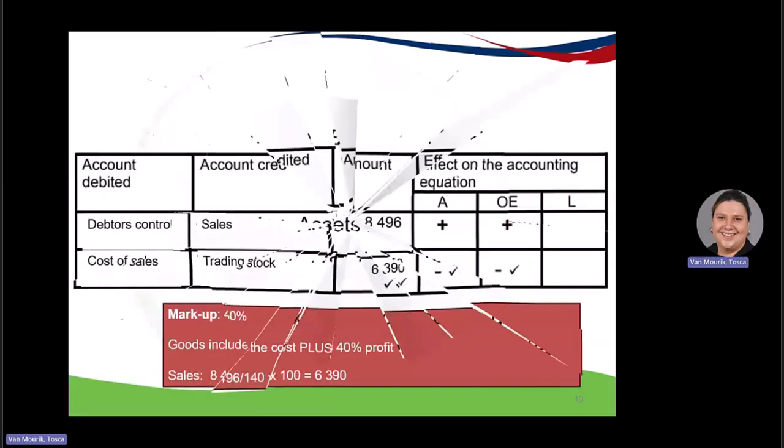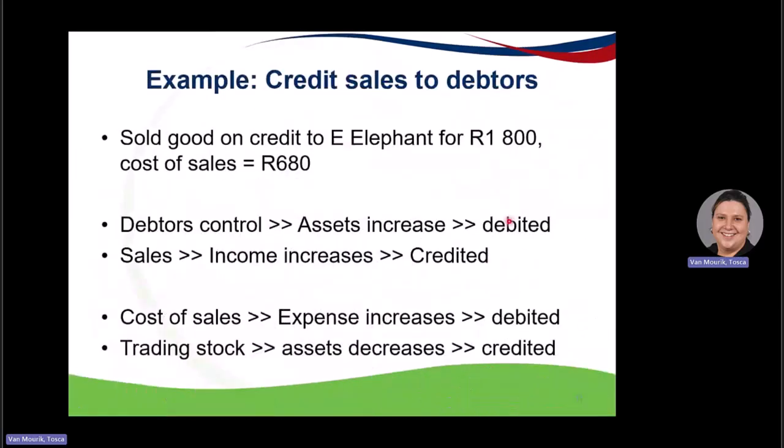Okay, second example. We sold goods on credit to Elephant for 1.8 thousand, and the cost of sales is 680. So again, the debtors control, my assets increase, so you will debit my debtors control. Sales is an income.